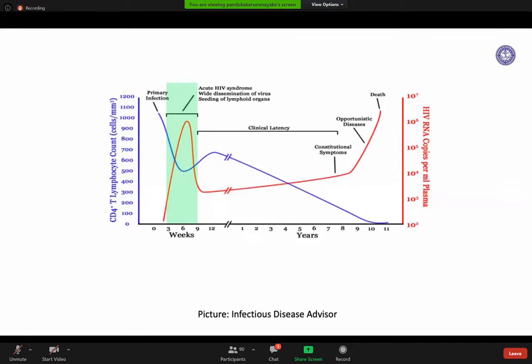Sometimes in latency, I'll give an example, then you'll understand better. A patient comes to you and says, doctor, I had sexual intercourse with a commercial sex worker in Thailand. Can I do the HIV test? Then you can ask more broadly and find out how many exposures there were. You might find that the person has had, let's say, 3 exposures.